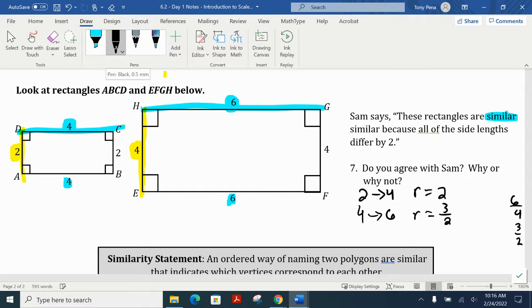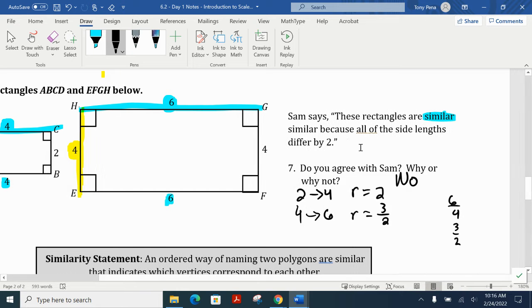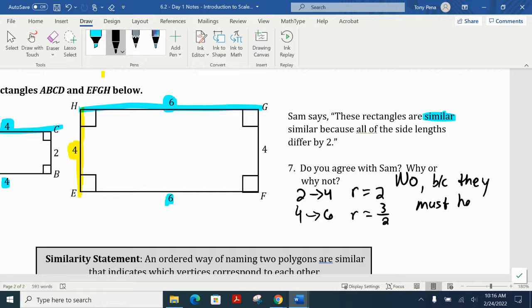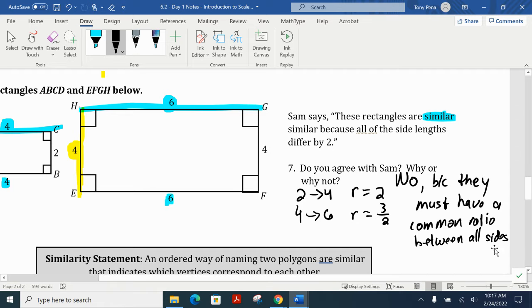So since these are not equivalent to each other, we would say no. And that is because they must have a common ratio between all sides, and these were different. One set you had to multiply by 2. The other set you had to multiply by 1.5.